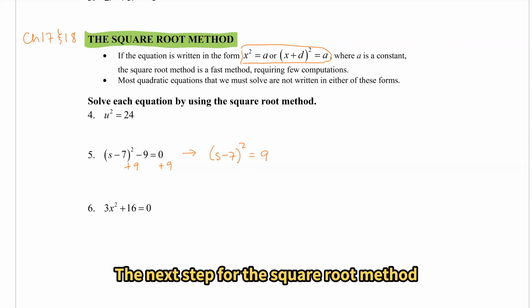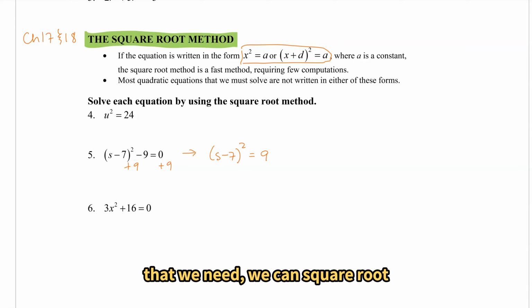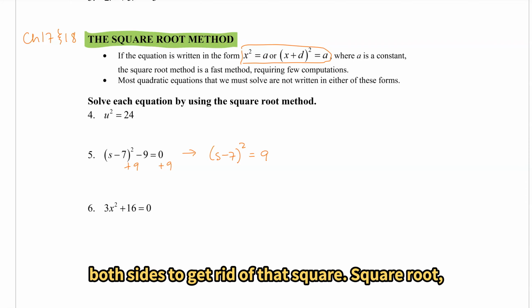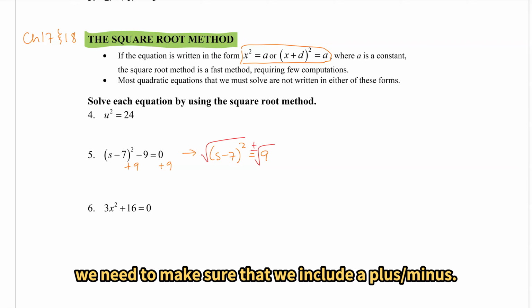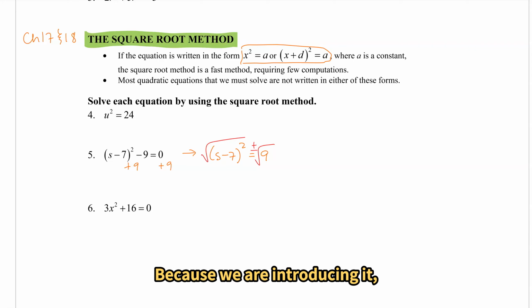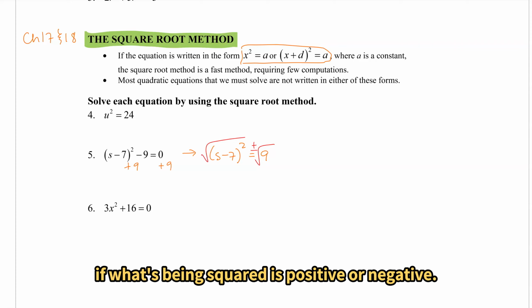The next step for the square root method, once we have it set up in the special form that we need, is to square root both sides to get rid of that square. But when we introduce the square root on the right, we need to make sure that we include a plus minus. Because we are introducing it, we don't know if what's being squared is positive or negative.